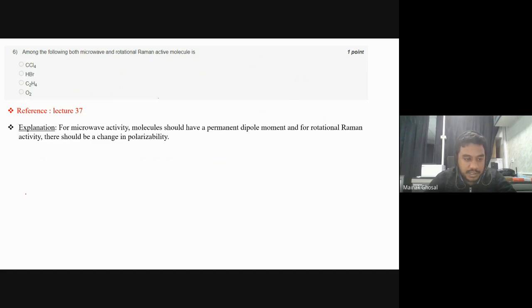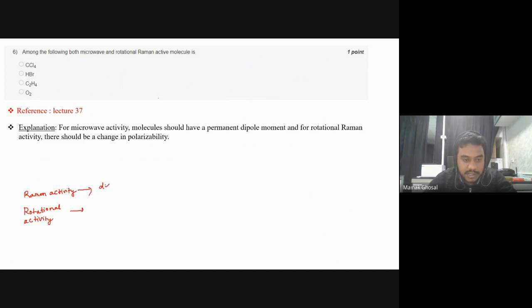So this is the condition for Raman activity. And next it is rotational. So the conditions for these two you need to know.